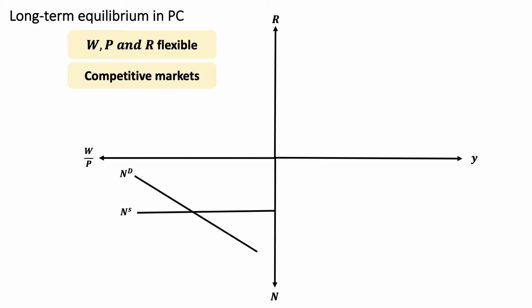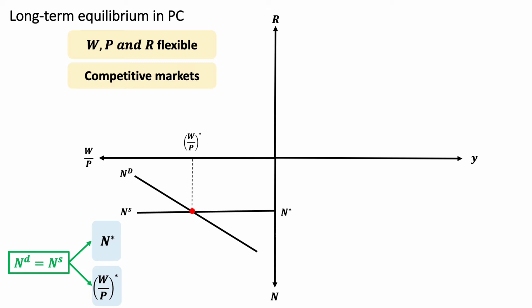We first determine the equilibrium on the labor market, which is the intersection between the labor demand curve and the labor supply curve. Note that here we use a constant labor supply, but the curve could also be increasing. In any case, we find the equilibrium amount of labor N star and the associated equilibrium real wage W over P star.